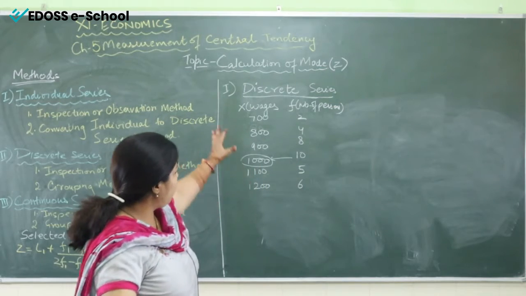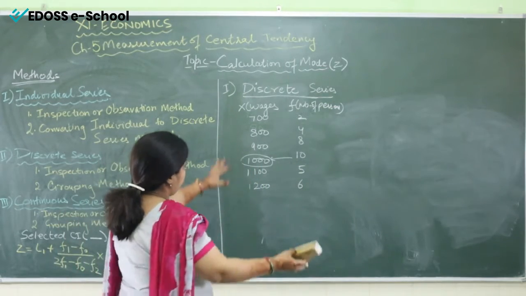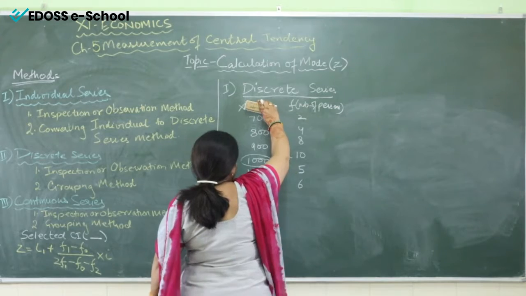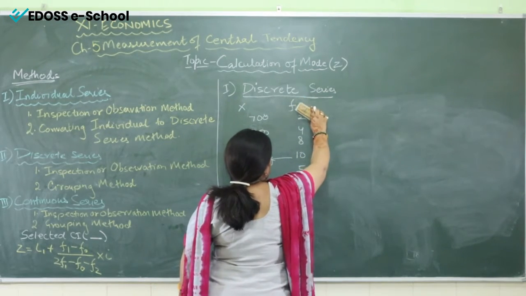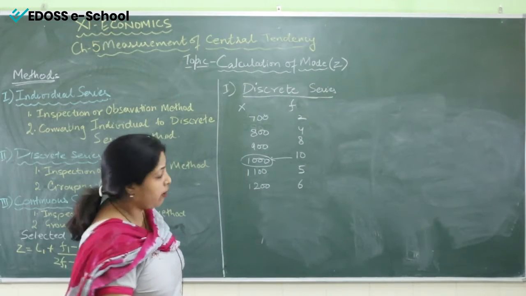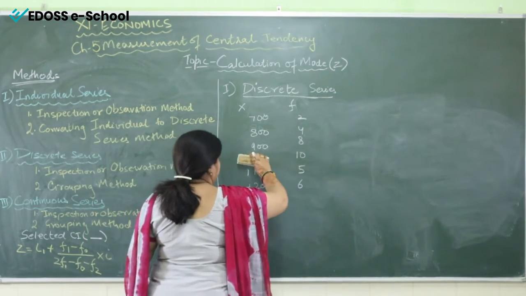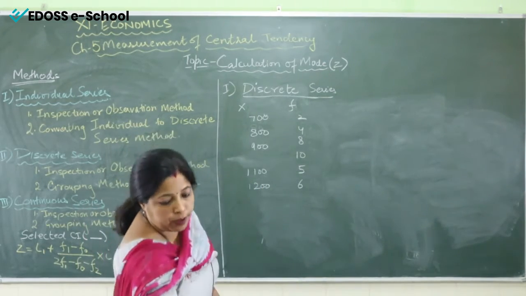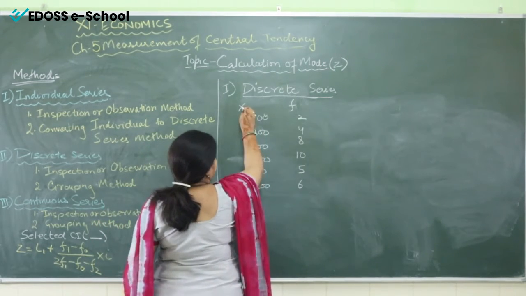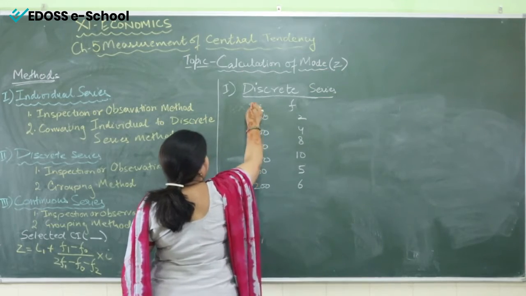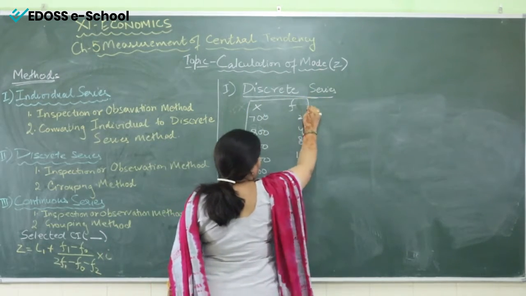Fine. So suppose I have given you this data, and as you all know it is wages, so I am erasing these main words. I will only use the two concepts, that is F and X here. See, this is 1000 and this is data, and here is the table, the actual table.